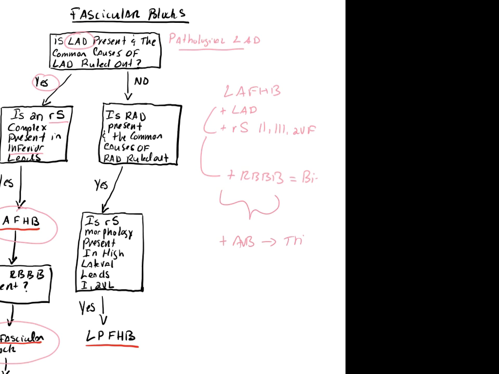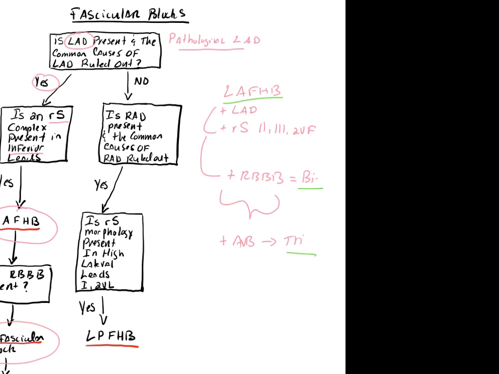So you can have a left anterior fascicular hemiblock, a bifascicular block, and a trifascicular block. Does that kind of make sense there? It's kind of crazy, isn't it? Is everybody okay though? You guys see how that works? Okay. Are you guys writing this down? Yes. Okay, write this down, and I want you to pull your notes up from yesterday when we talked about axis deviation, because we're going to reference that here in just a few minutes.